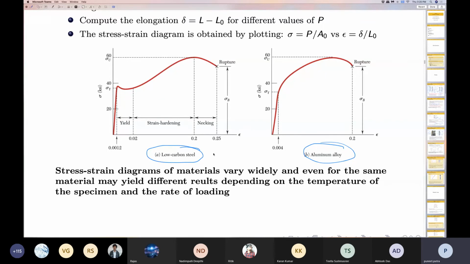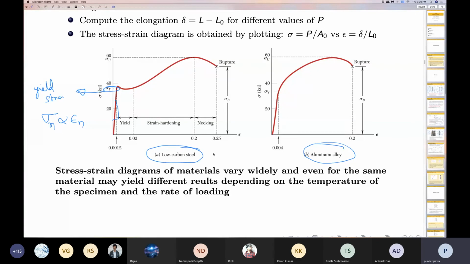That I will come to in a short while. So what you can extract from these two figures is that at initial stages, sigma is linearly related with epsilon. That is, sigma n is directly proportional to epsilon. And this proportionality holds true until you hit stress, which is known as yield stress.